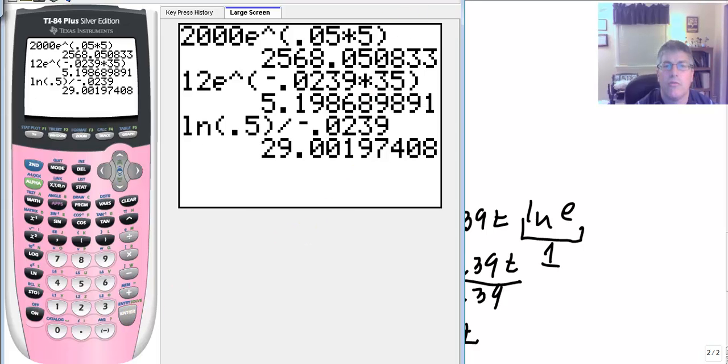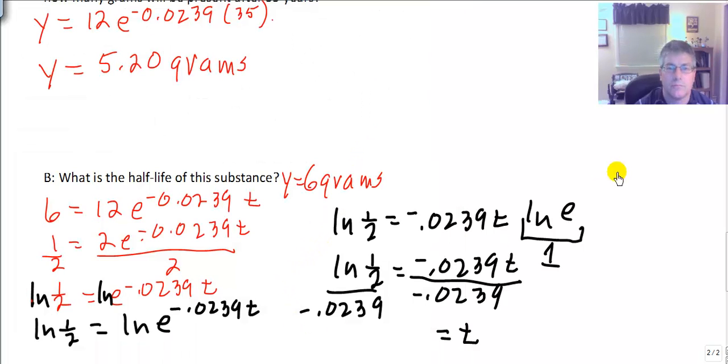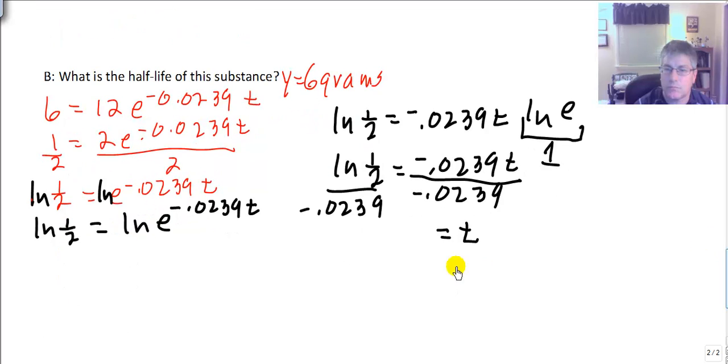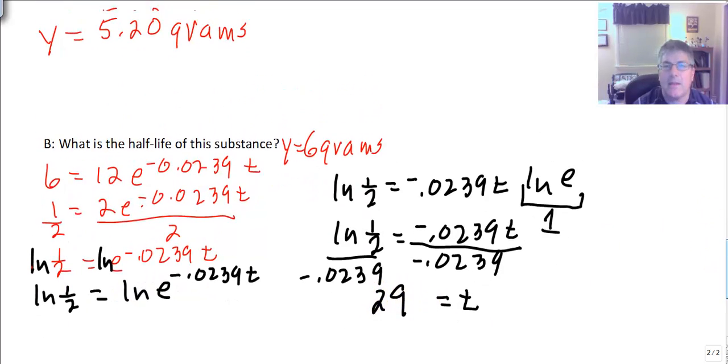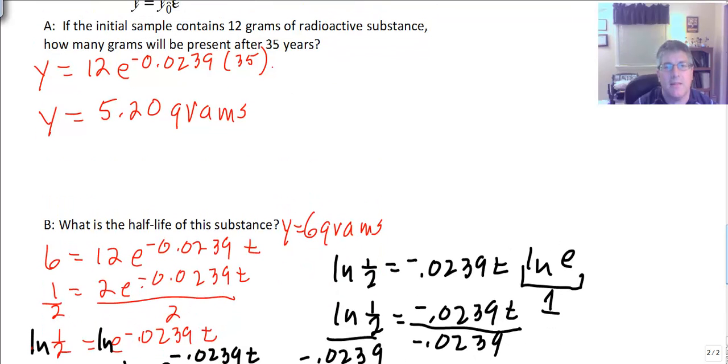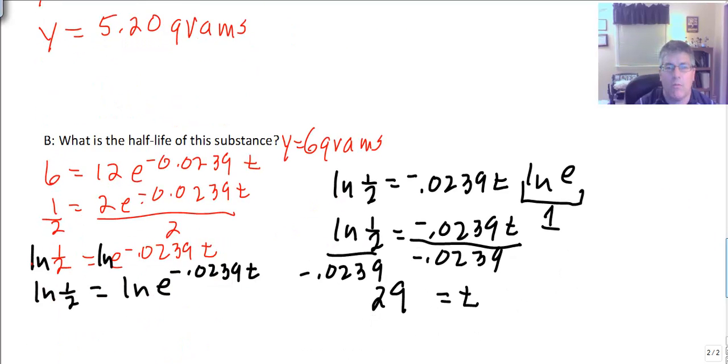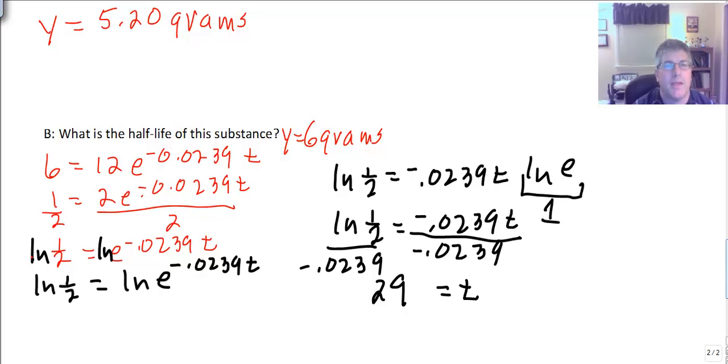And we get 29 years. t equals 29. And think about that, that totally makes sense. Because if it took 35 years to get to 5.2 grams, wouldn't it have to take less than 35 years to get to 6, or to go from 12 to 6? So that sounds just about right. And there are some applications of logarithmic formulas, and we will see you in class.